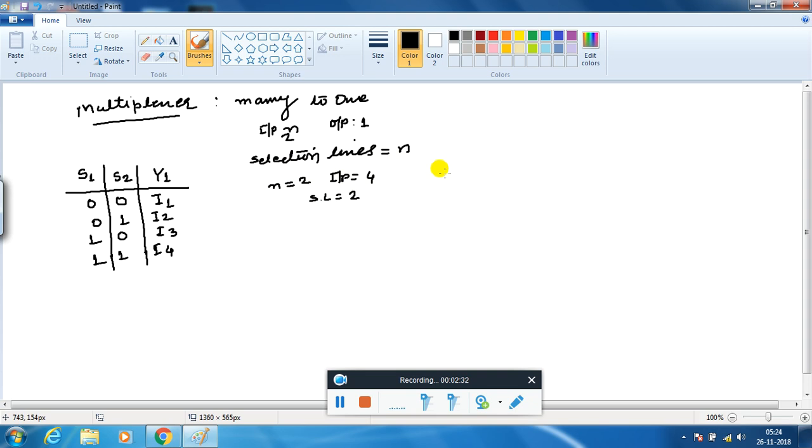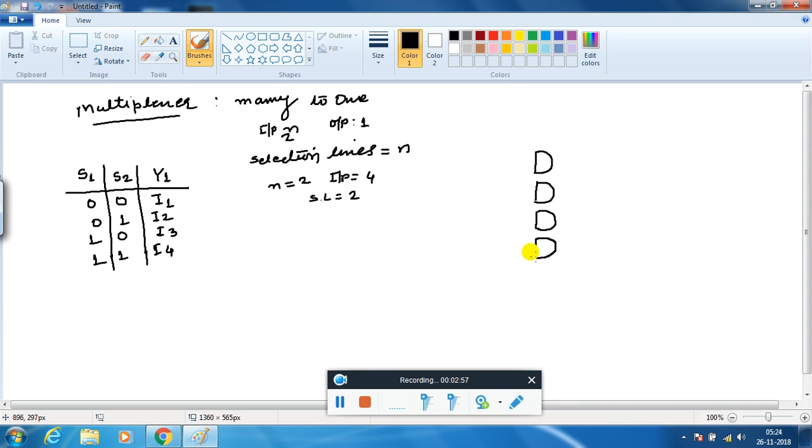So we will draw that circuit. We have two selection lines, so first we will draw those. The important thing is that it is an extension of the decoder circuit. So first we will draw the decoder circuit, because in the decoder circuit we are also doing the same thing, so there is no need to confuse the decoder and the multiplexer.